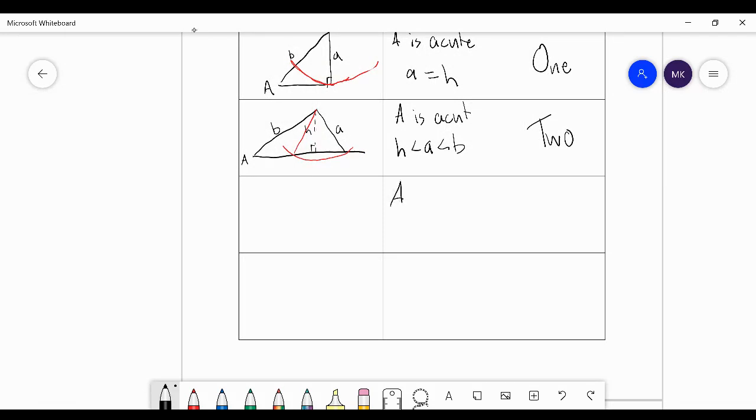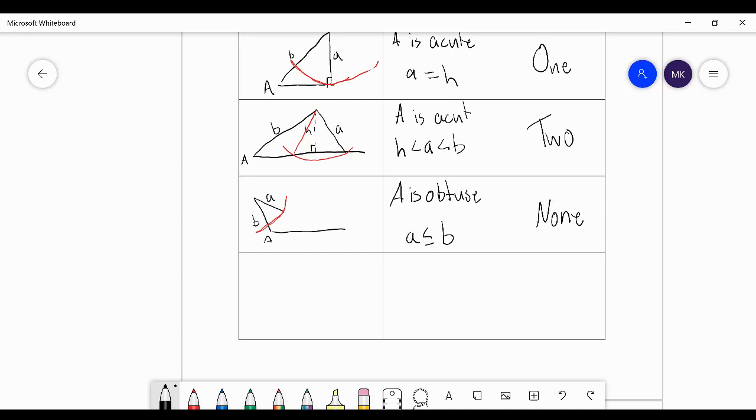A is obtuse, and our little a is less than or equal to B. So we've got an obtuse value for angle A. Here's B, here's little a. Because A is less than or equal to B, when we swing it around, we never get a triangle. So this is another situation where we have no possible triangles.